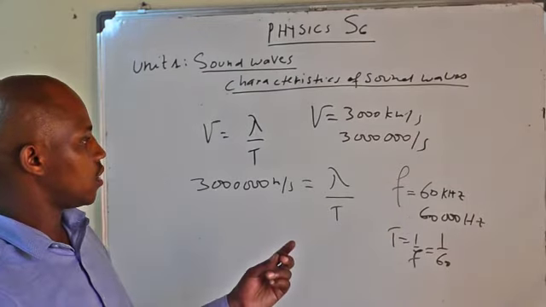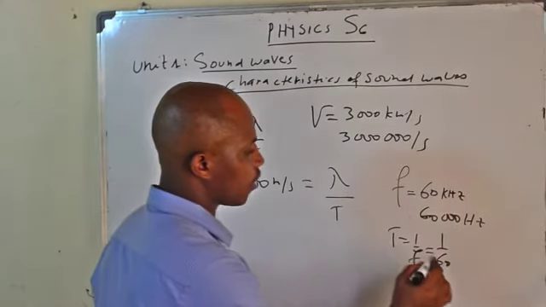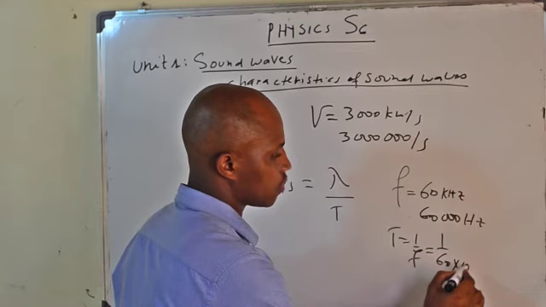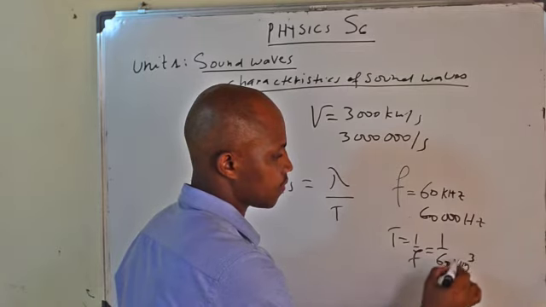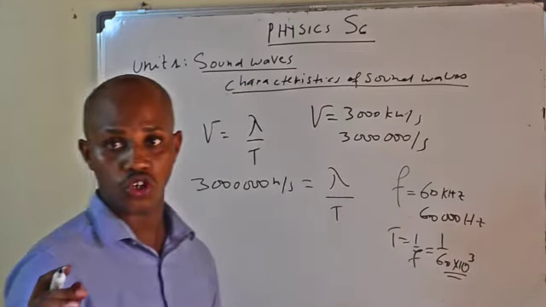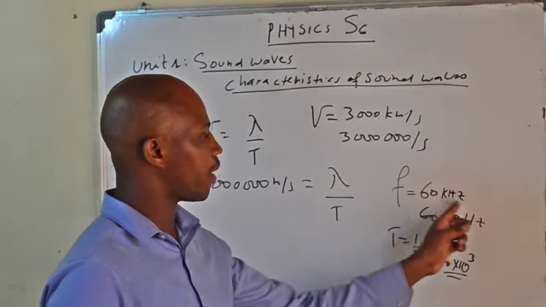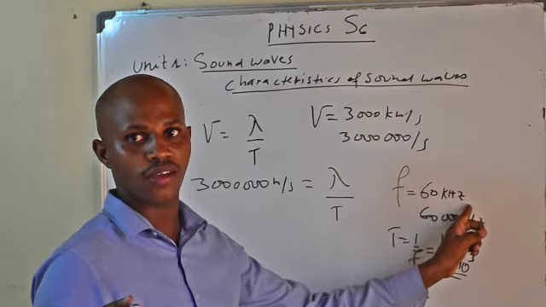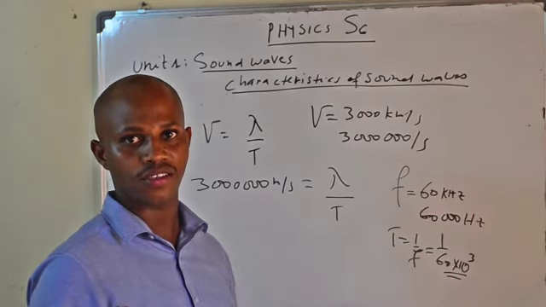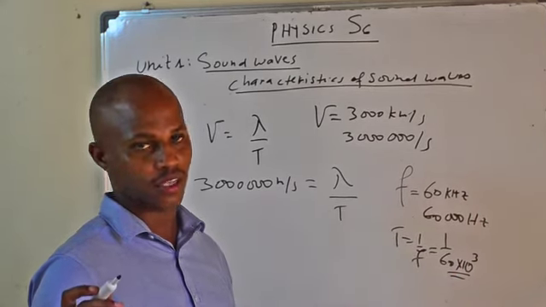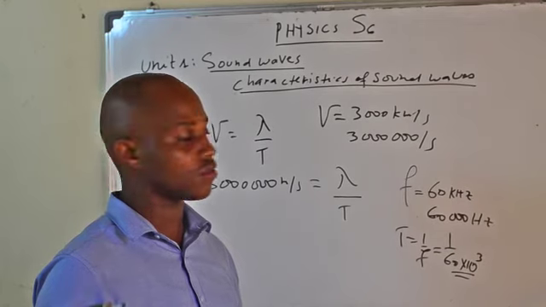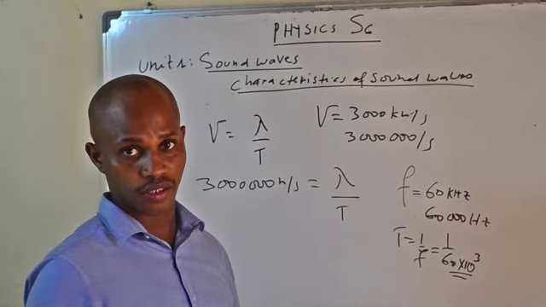Then if it is kilohertz, now that is 10 to the power 3. What I want to show you, because in some questions you'll be found in kilohertz, but in our question was megahertz. Megahertz, that is 10 to the power 6. That's the reason why we are using 10 to the power 6.